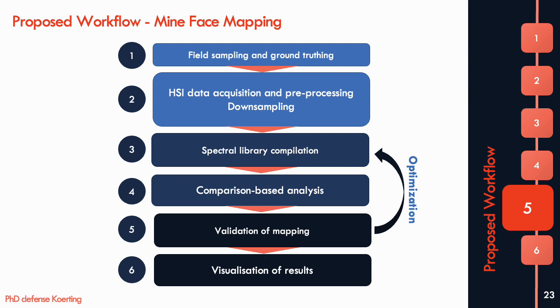The third is the spectral library compilation, followed by the comparison-based analysis. The fifth step would be a validation of the mapping based on different validation methods that could be accessible for the area that you're in. And if the maps that were created do not fit what we expect in this area, there would be an iteration with an optimization. And the sixth is the visualization of the results so that the on-site personnel can actually use the maps and the results for the planning ahead.